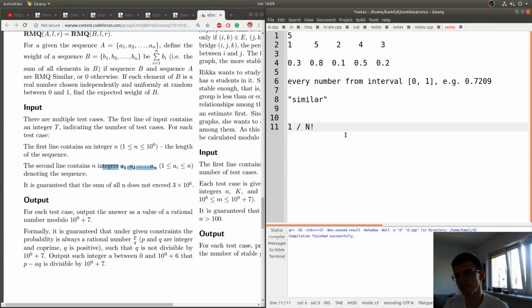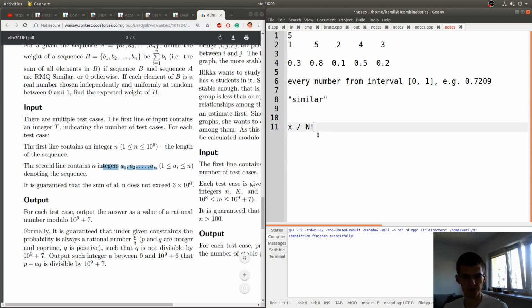So the question is, what is the number of permutations x that generate a sequence similar to the given one? And we will just print x divided by n factorial. And this will be the answer.